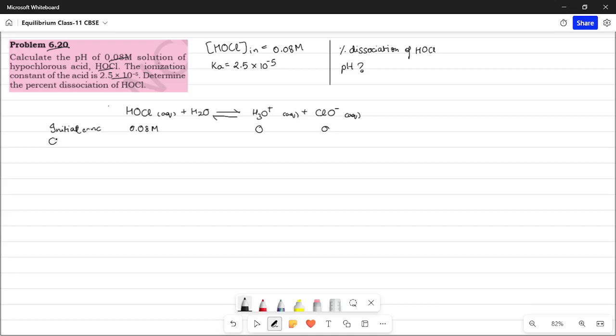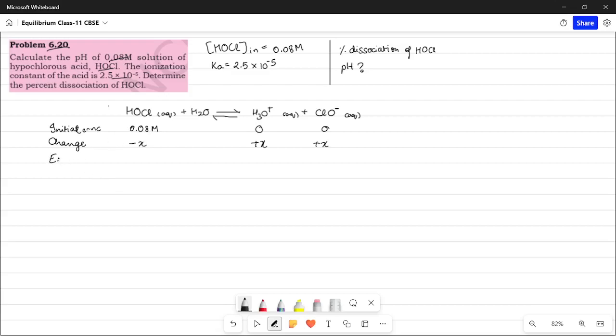The second thing we do is write the change. How much is the change? So change to reach equilibrium, let's assume that this concentration goes down by X, whereas this one goes up by X, so does this. So we're assuming there is an increase in concentration by X for these two, and a decrease by X for HOCl.